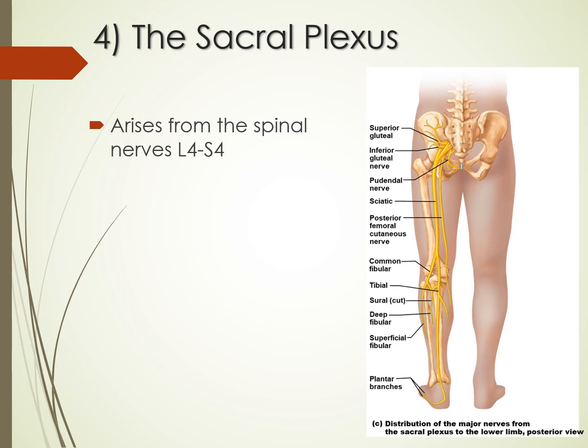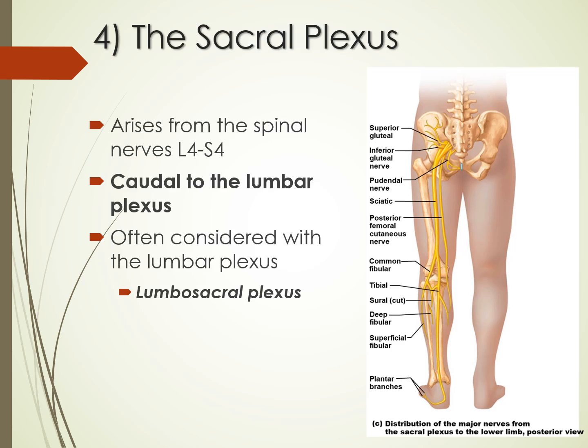Okay, so the femoral nerve is going to run down the anterior thigh. So this is for all those quadriceps muscles for leg extension at the knee. Okay, and then the obturator nerve is important for all of those adductor muscles of the medial thigh.